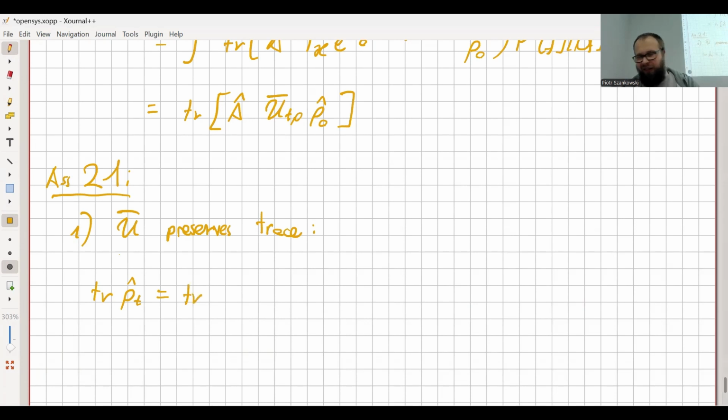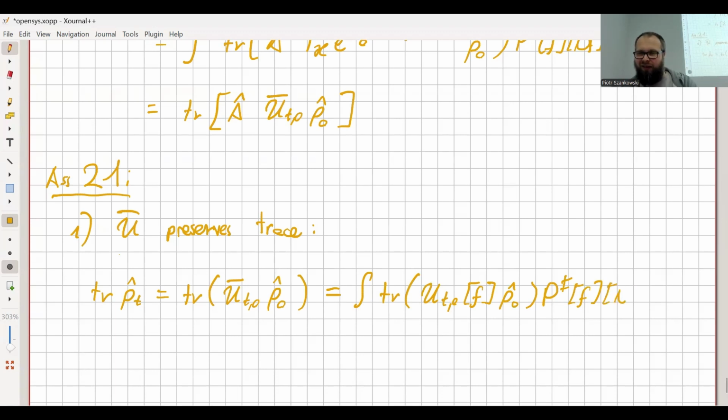So if we just put in our stuff, that would be a stochastic map acting on rho 0. The stochastic map, we already did this trick. It's like a unitary map for each realization of the process, so a trajectory-wise unitary map, and everything is averaged over the realizations, right?